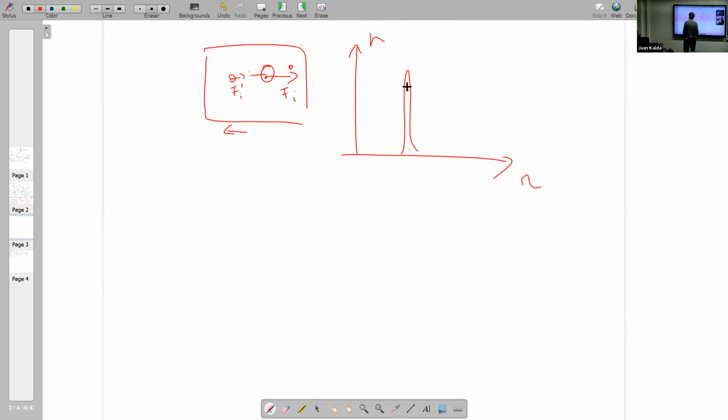But later on, the spectrum will start widening, and then the larger ones will collide with smaller ones. And this will initiate a much faster growth of the size of the droplets, faster than the diffusion-driven growth.